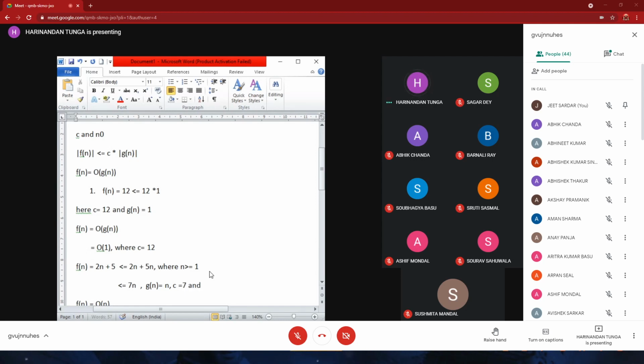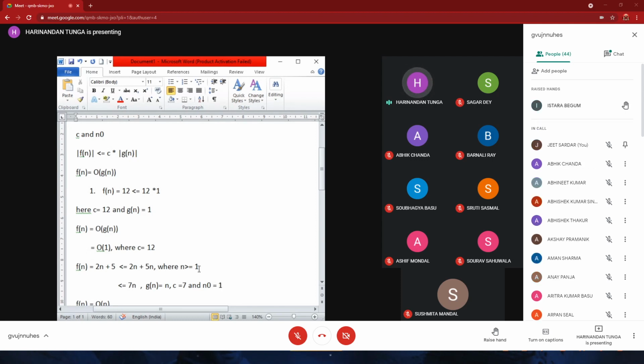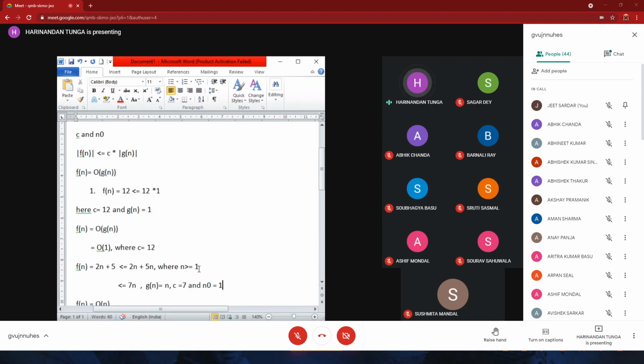And what is the value of n0? n0 is 1, because in this relation, where n is greater than or equal to 1, the minimum value of n is 1. This is the threshold, the minimum problem size. So these three values, g(n) equal to n, c equal to 7 and n0 equal to 1, indicate that the Big-O notation definition is satisfied.